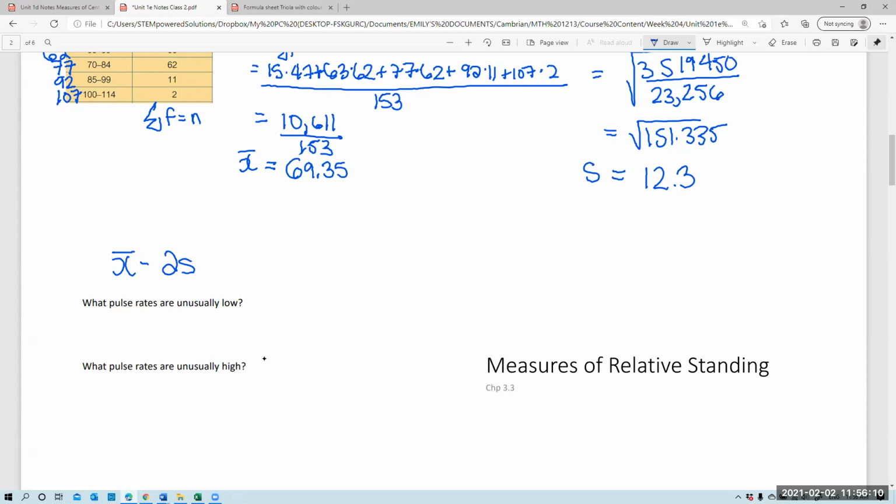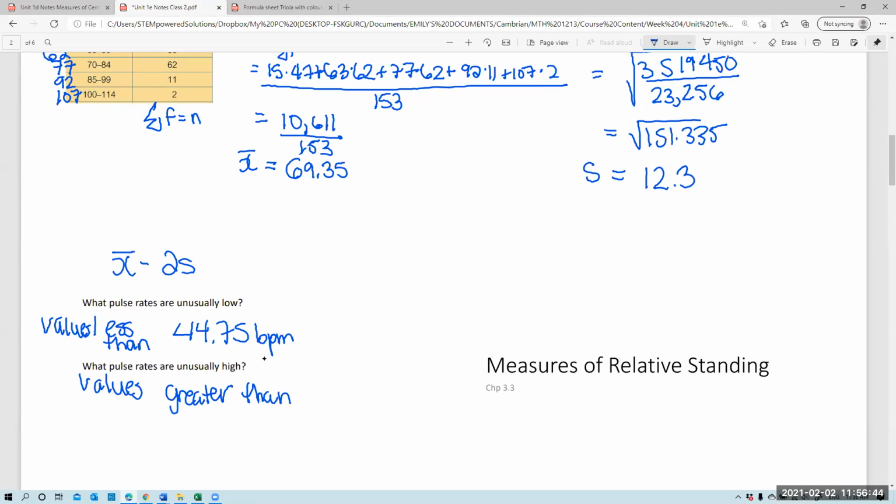So 69.35 minus 2 times 12.3 equals 44.75. So values that are less than 44.75 beats per minute are unusually low. Okay, and values greater than, thank you, Sierra.